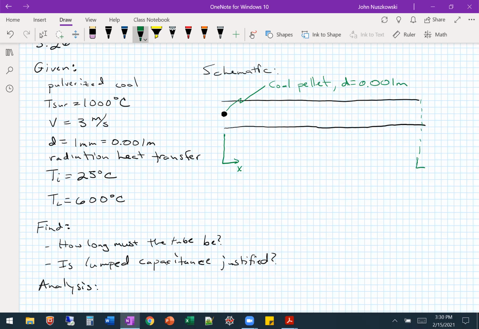And we have the pellets flowing through, so it has a velocity.